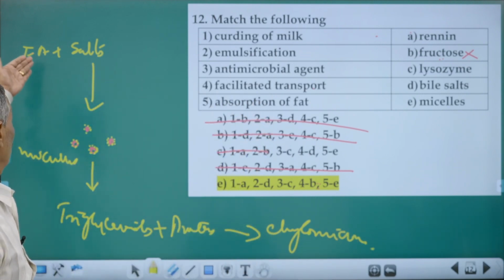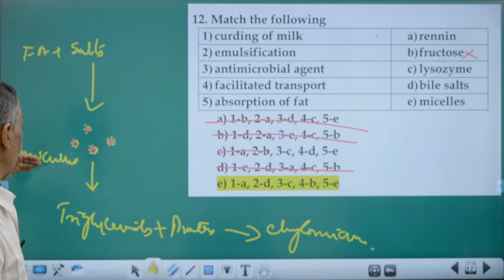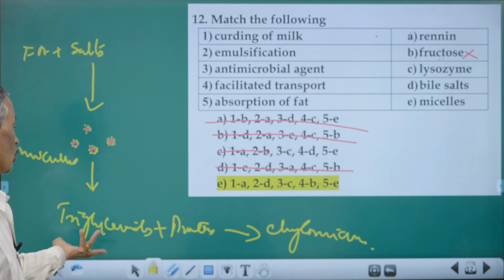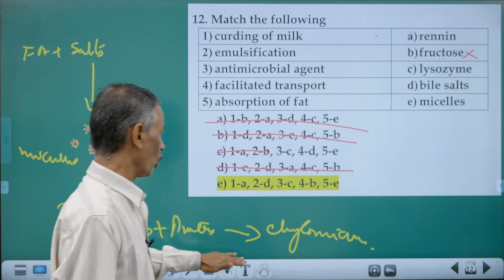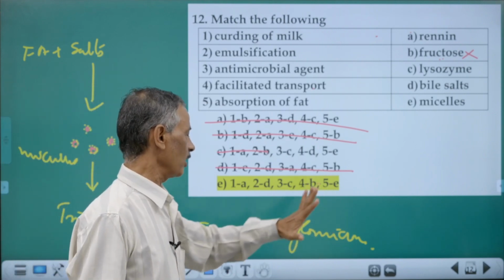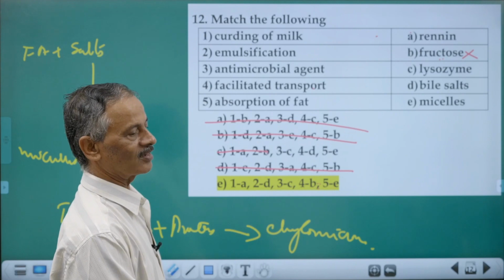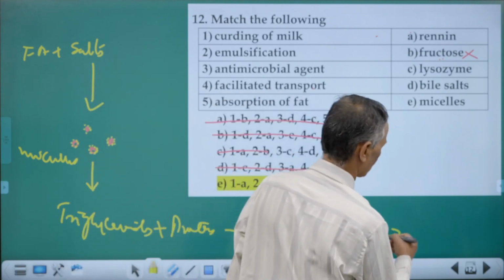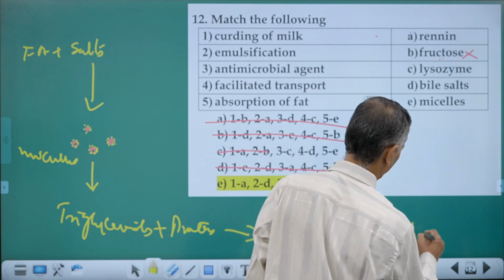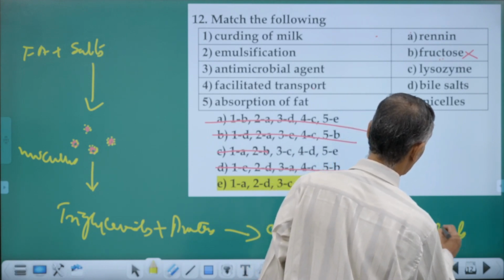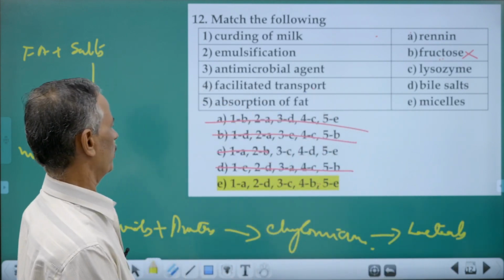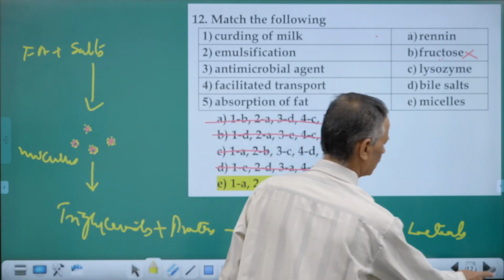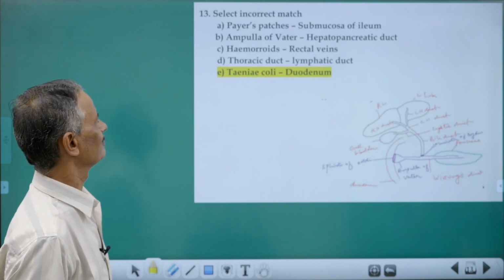So fatty acids first convert into micelles, are absorbed, then resynthesized into triglycerides. They are given a coating of protein, thus converted to chylomicrons, and then released from the epithelial cells, reaching the lacteals. That's how they are absorbed. Okay, so the answer is very simple if you know the technique.